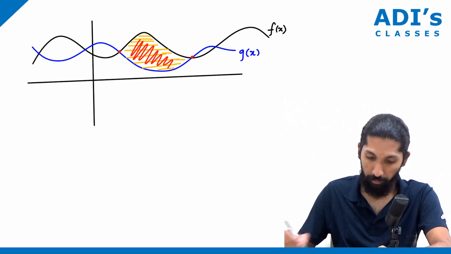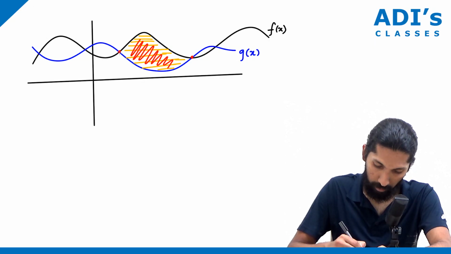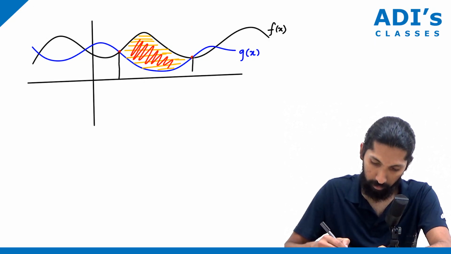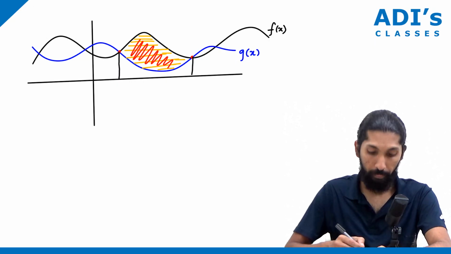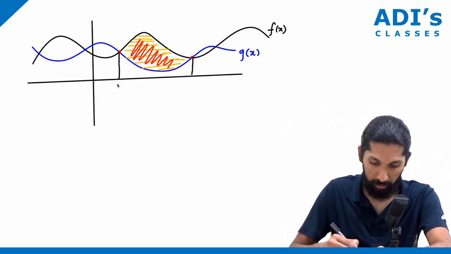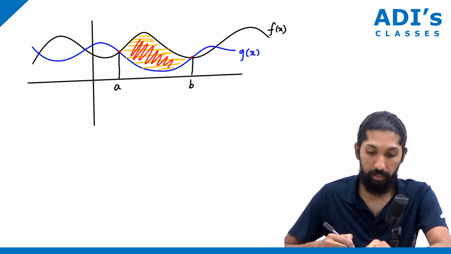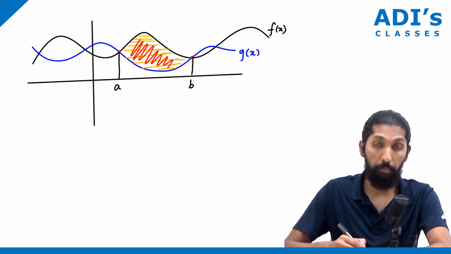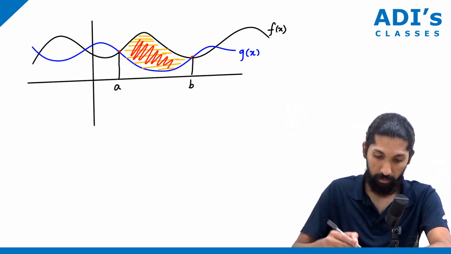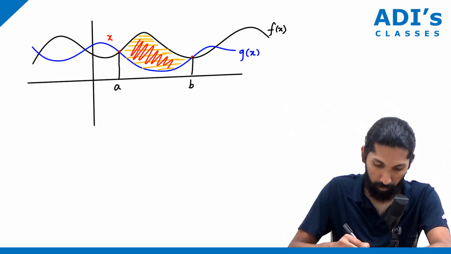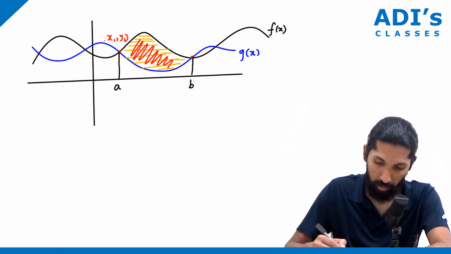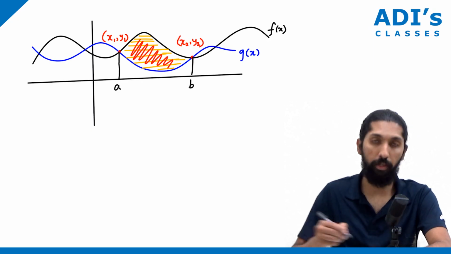So let's say this point is A and this point is B. So 2 points A and B. That means the points of intersection, we can say this is x1 comma y1 and this is x2 comma y2.